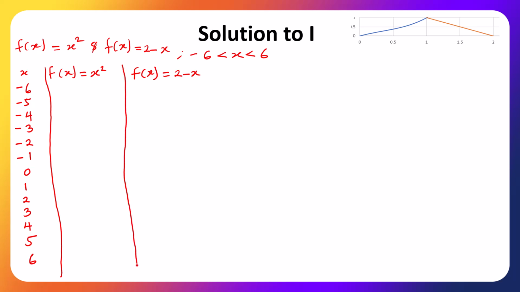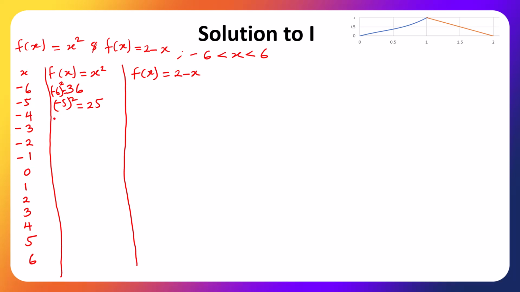So for f of x equals x squared, we have 36 for the first one. We have minus 5 squared for the second one, which gives us 25. So for this first one, we have minus 6 squared, it gives us 36.